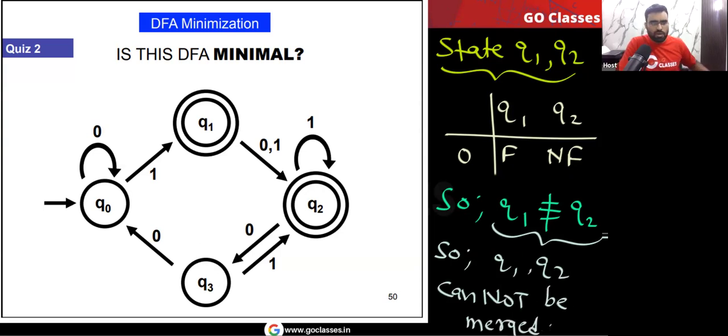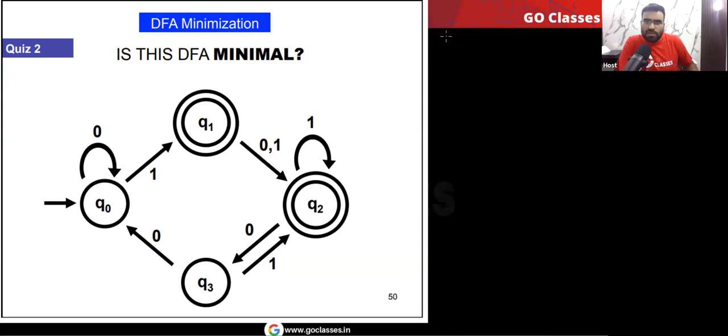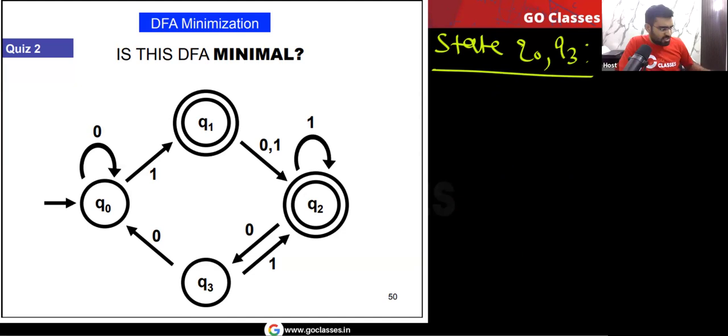Okay. What about Q0, Q3? States Q0, Q3, both are non-final. So what about these states?